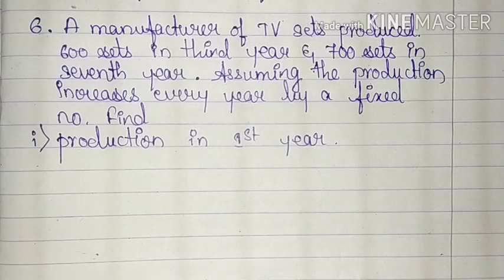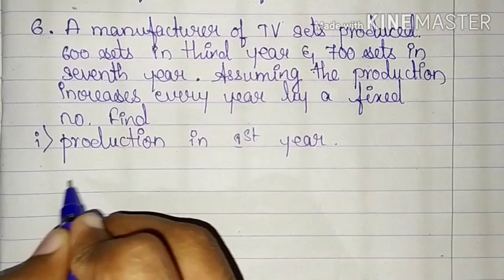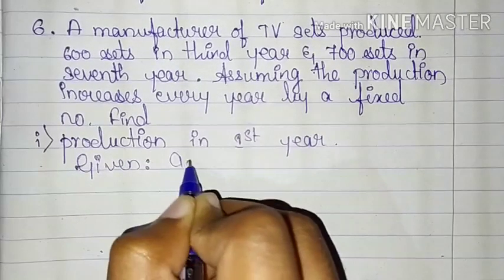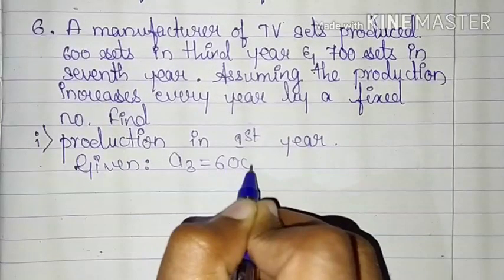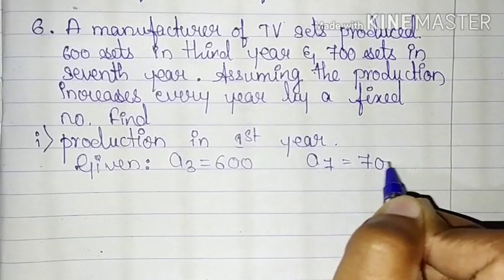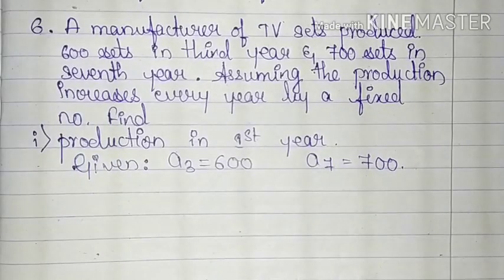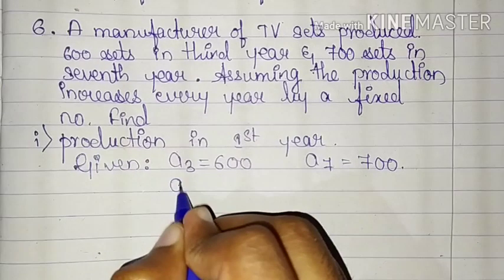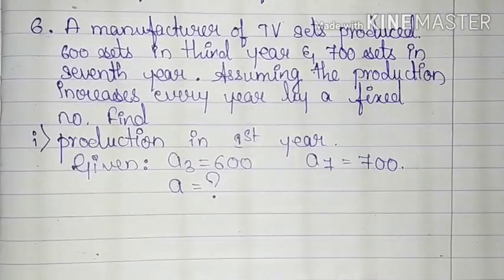So this is an arithmetic progression where given a3 is equal to 600 and a7 is equal to 700, and for the first sub-question, they have asked us to find the production in first year. That will be our a. The value of a is equal to what?